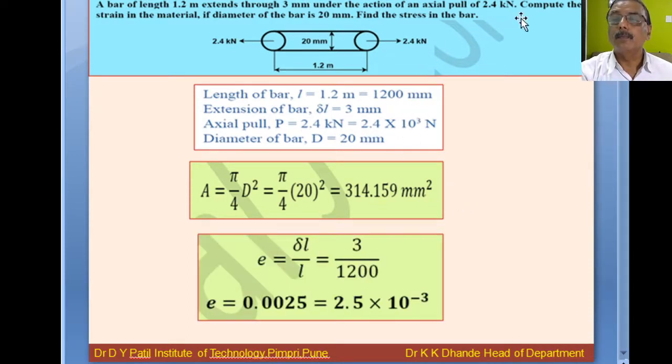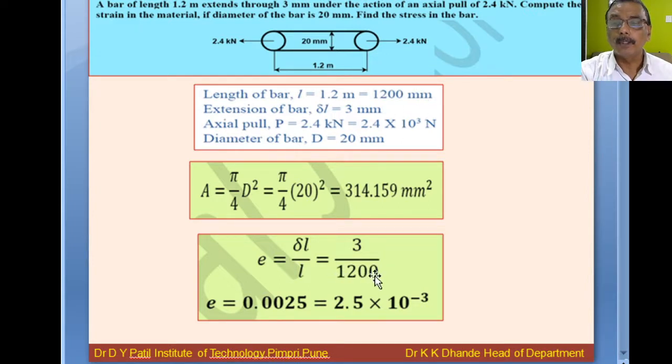Now compute the strain in the material. Strain means small e, or you may say epsilon. Small e is equal to, we know, delta L upon L. Change in length upon original length. Change in length already given in the numerical, that is 3 mm. Original length, that is 1.2 meter, we have converted into mm, that becomes 1200 mm.